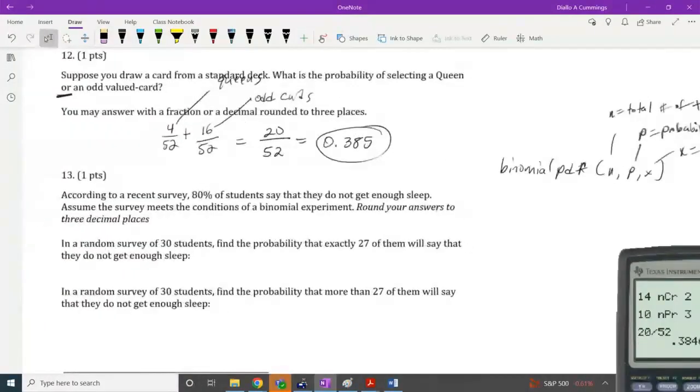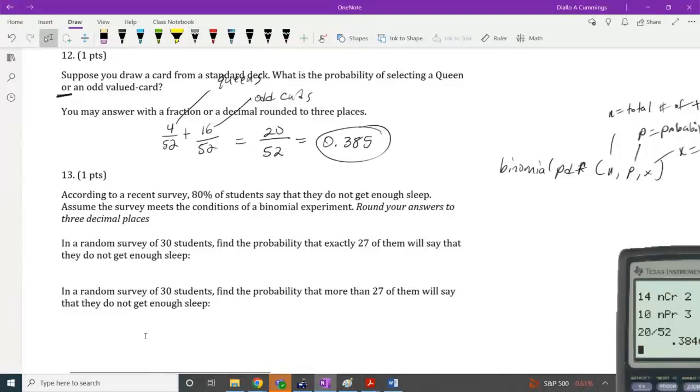Okay. So it says, according to a recent survey, 80% of students say they don't get enough sleep. Assume the survey meets the conditions of a binomial experiment. Remember the conditions: there's a fixed number of trials, each trial is independent, and there are only 2 outcomes.